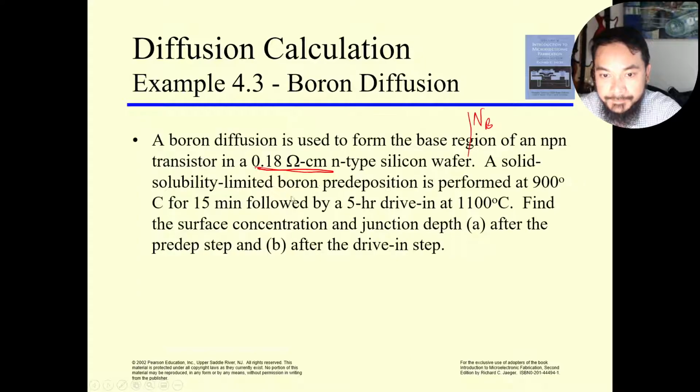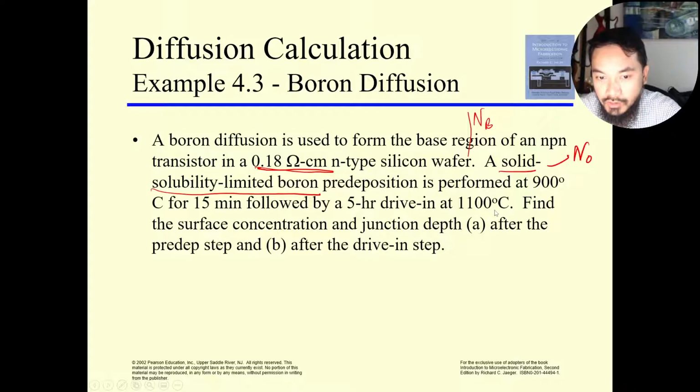So the first step is solid solubility limited boron. So here, you can know what is your N naught. The solid solubility boron pre-deposition is performed at 900 degrees for 15 minutes, followed by the second diffusion for 5 hours at 1100 degrees Celsius.